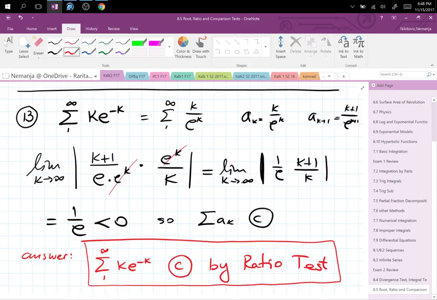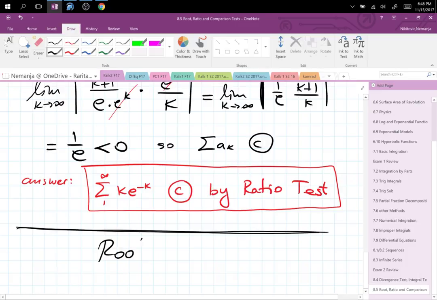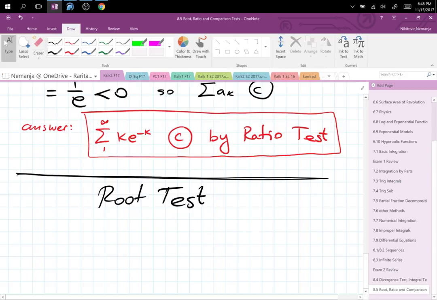All right. The next test is the root test. And the root test looks very similar. We have a summation of a_n raised to exponent n, from 0 to infinity or 1 to infinity. I'm just going to put it like this.